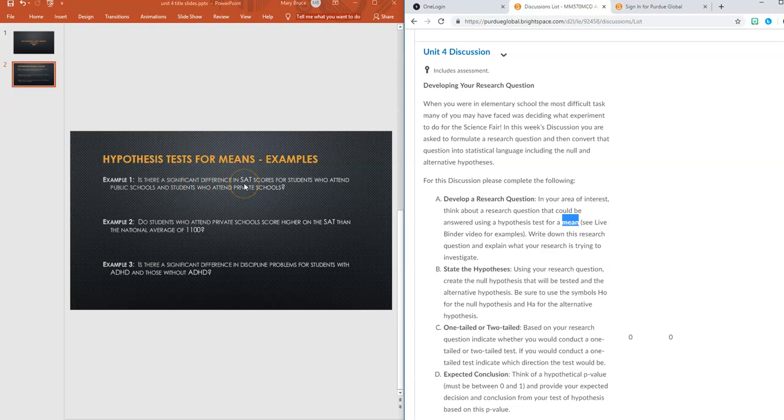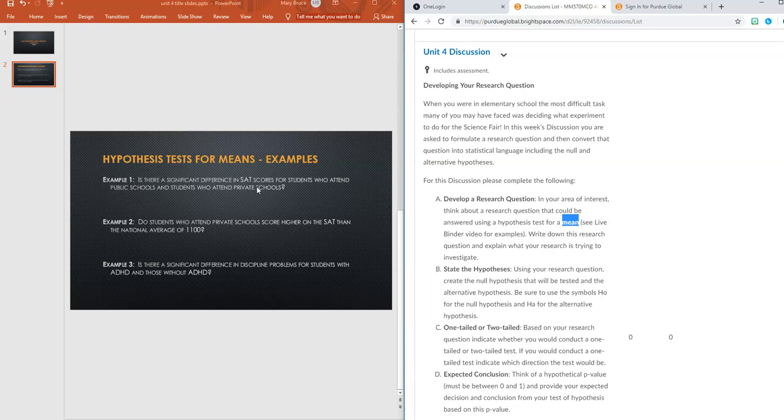First of all, our quantitative variable that we're interested in is SAT scores. That's quantitative. It's numbers. It makes sense to calculate a mean or average SAT score. And specifically, it looks like we are comparing two independent groups, two different unrelated groups of students: students who attend public schools and students who attend private schools.